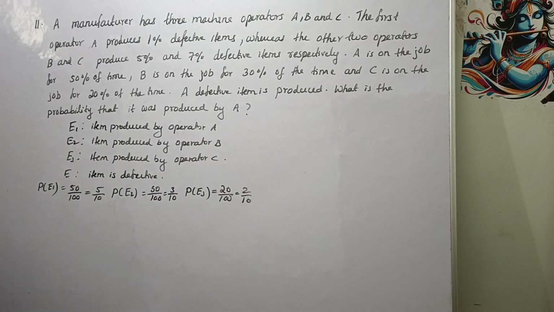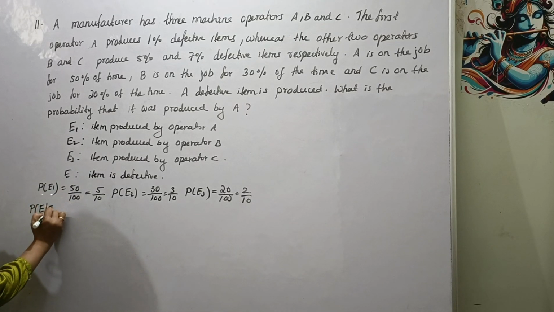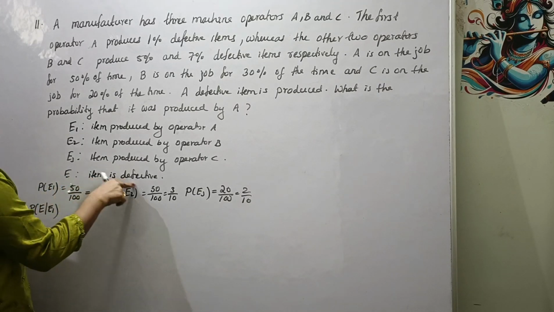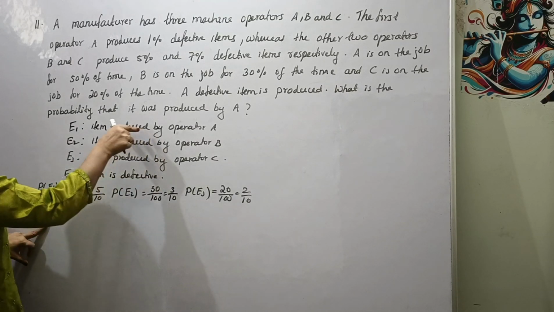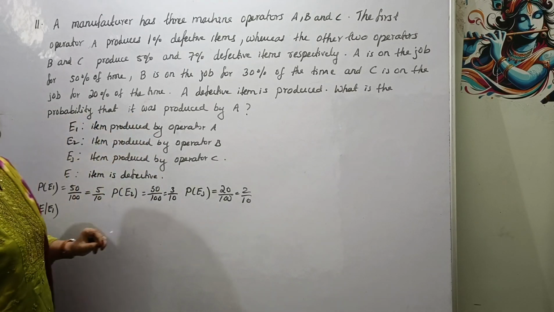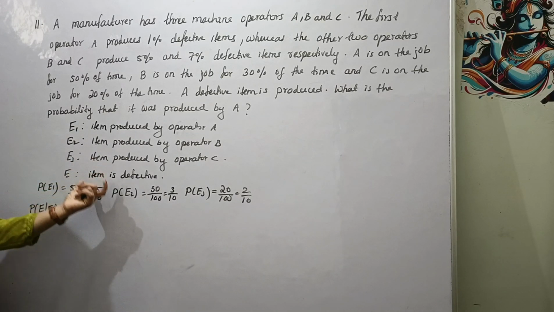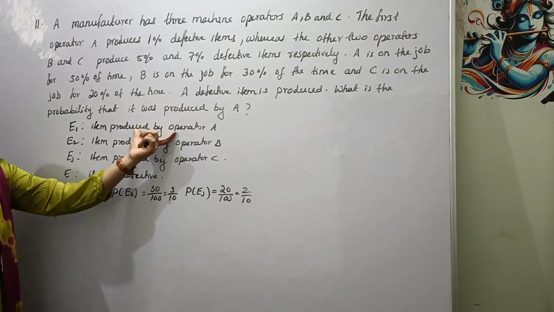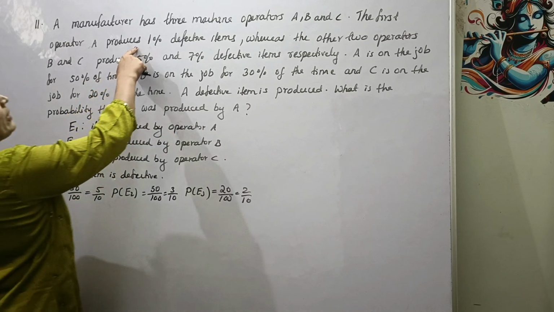Okay, now probability of E given E1. E is nothing but item is defective. So probability of defective item in the item produced by operator A. Okay, so that is probability of defective item produced by operator A. Here it is given, right?